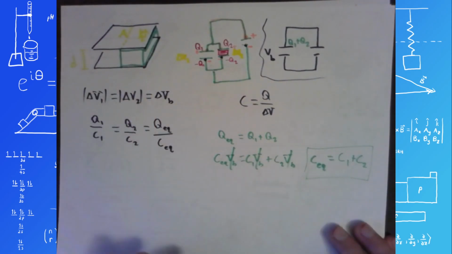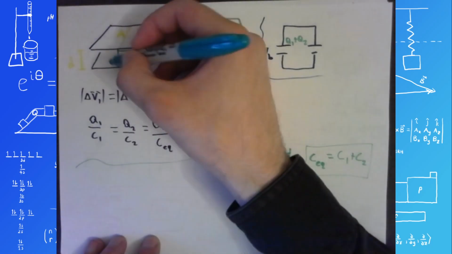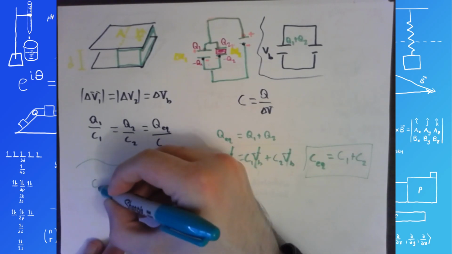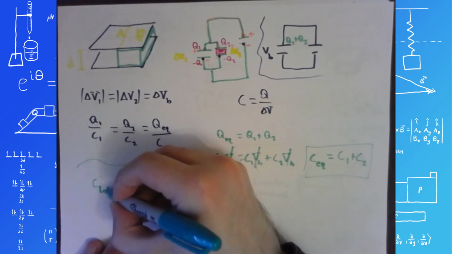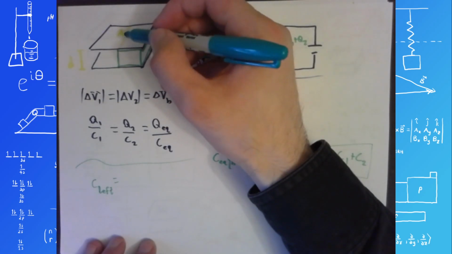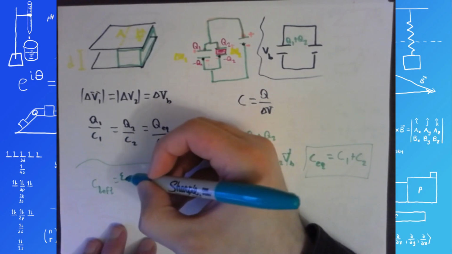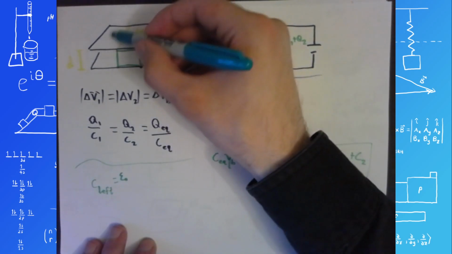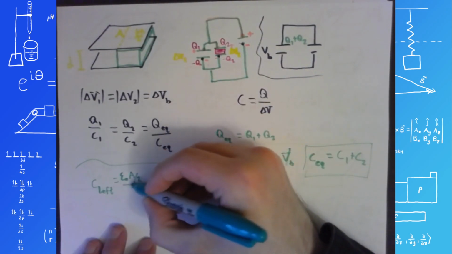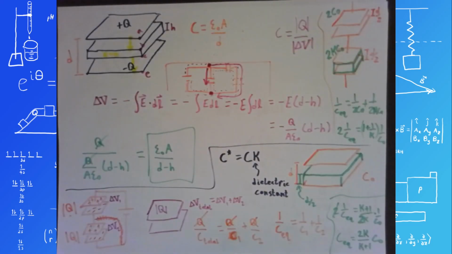So this thing is made of 2 capacitors. Capacitor 1 is going to have a capacitance of, I'll call it C left. C left is equal to epsilon naught A over D, so that's going to be epsilon naught, the area of the left half is just A over 2, over D. Actually, wait, what am I doing?